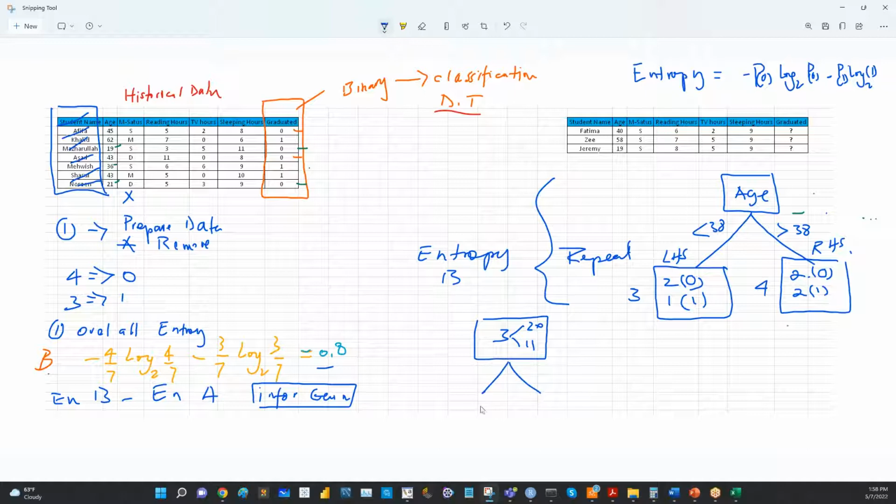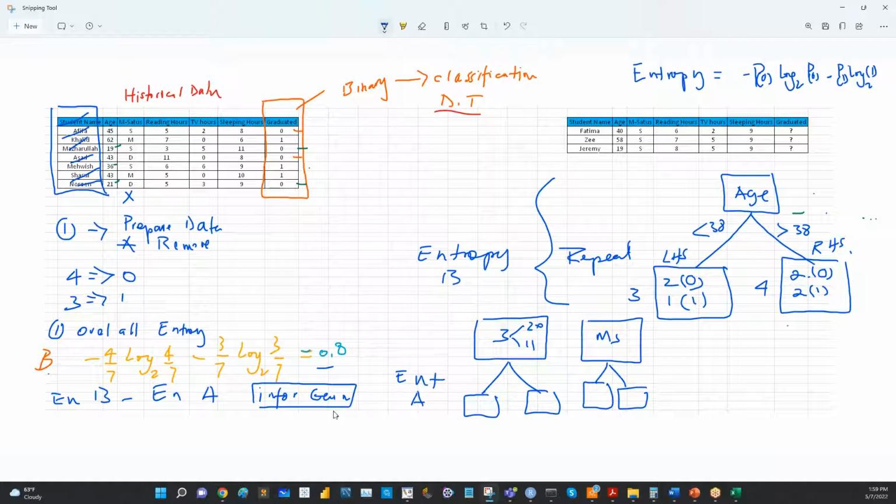We are going to split on age again, on marital status again, on reading hours, TV hours, sleeping hours. So we are going to split on 5 features.